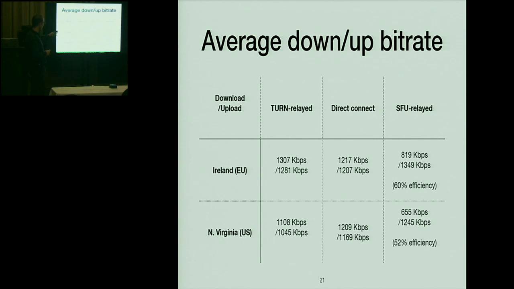So this is a summary of all this. What's important to keep in mind here is that if you activate SFU conferencing features in one-on-one calls, you drop the call efficiency by a lot: 52% efficiency in North Virginia and 6% efficiency in Ireland.